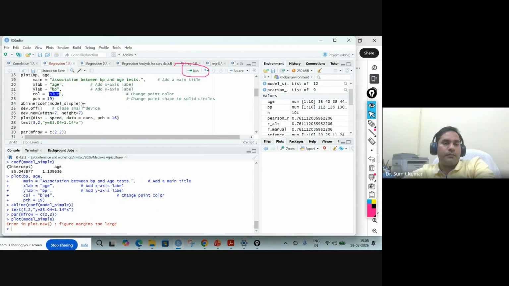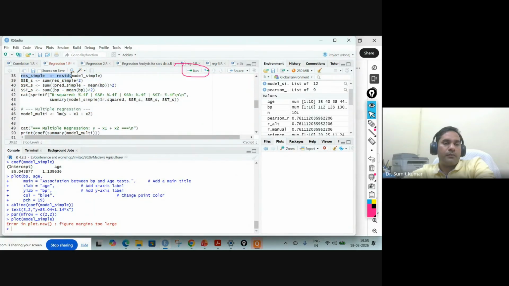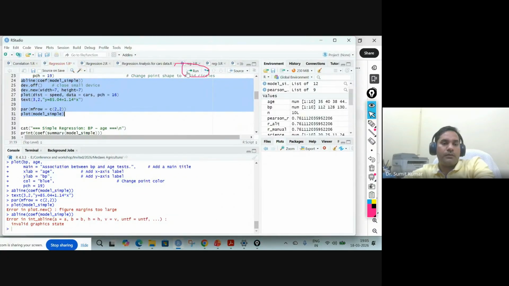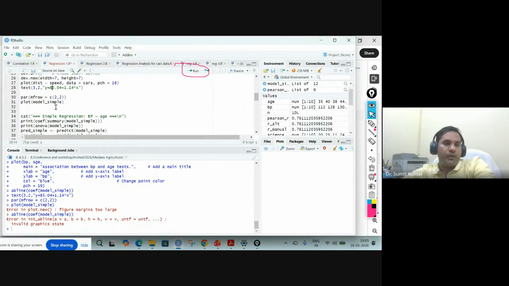Just hold it. Select all and then run the command. Somewhere I think some length issue is there in the definition. Okay, but the graph will be there. In another example, I will show you.